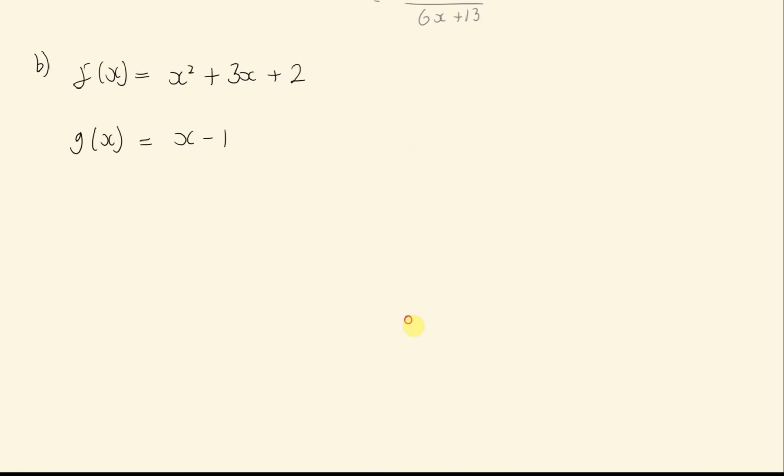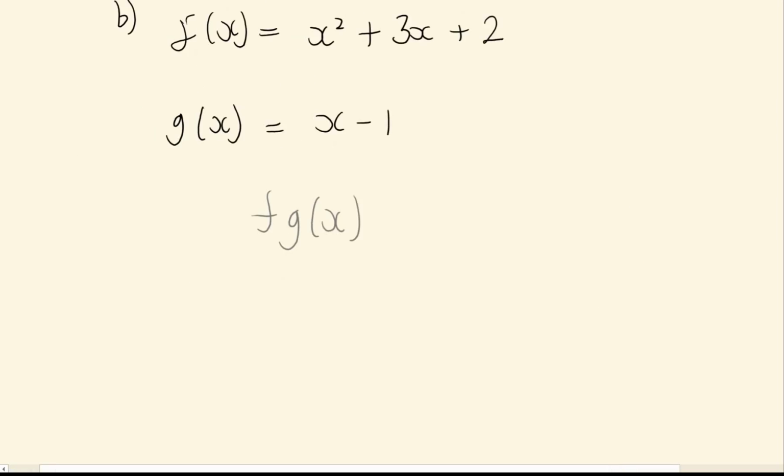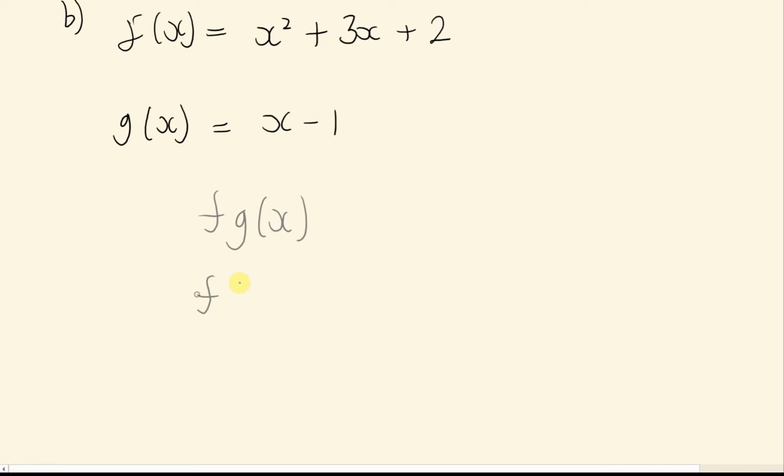Okay, let's see a slightly harder example. Here I've got two functions, f of x and g of x. Slightly harder because here I've got a quadratic. What we're going to work out, just as before, is f(g) of x. The first step is the same. We replace g of x with what we know it equals. Then I'm going to work out f of x minus 1.